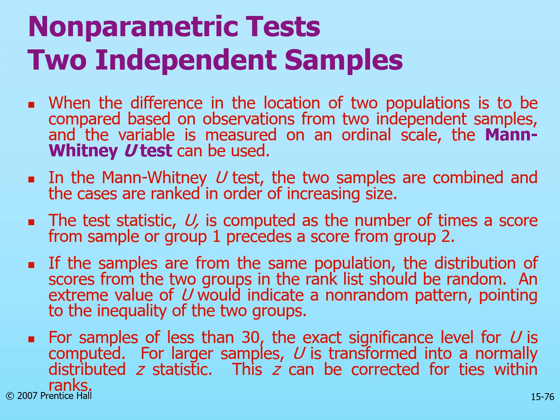Non-parametric tests: if we come down to the two sample tests, the difference in the location of two populations is to be compared based on observations from two independent samples, like Mumbai and Pune, where the variables are measured on the ordinal scale.